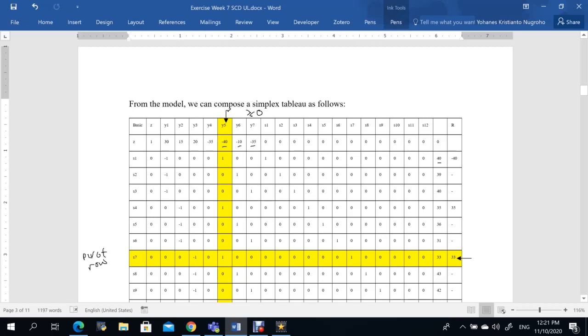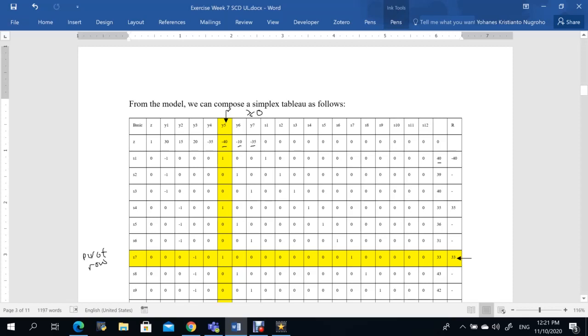The reason is that having negative values means we also have a potential for less profit, by reducing at minus 40 or minus 10 or minus 35 per unit of production. Okay, and the regulation for operating this Gauss-Jordan elimination in our simplex tableau is as follows.